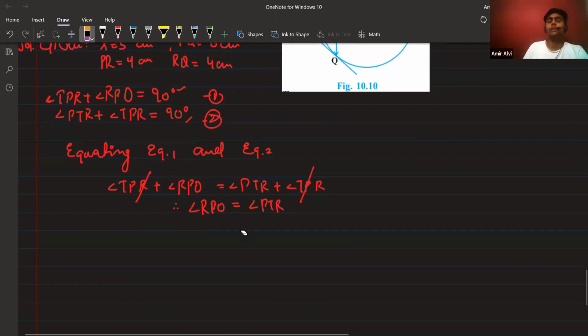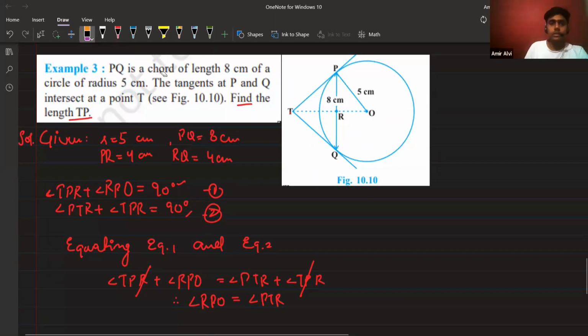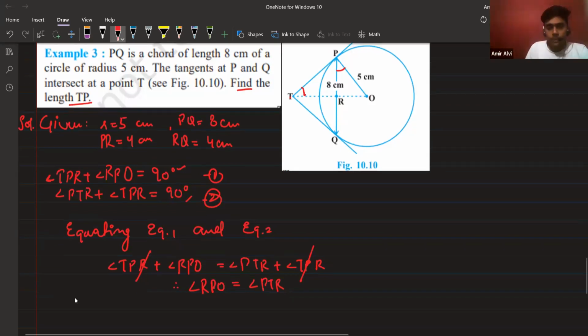I'm not saying that you have to use this. I've given you the concept here. So this RPO is equal to PTR. Clear? Yes or no? So now see this in triangle.